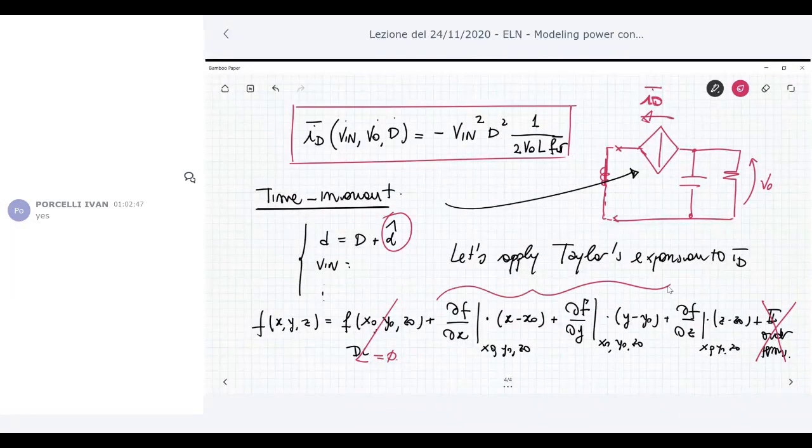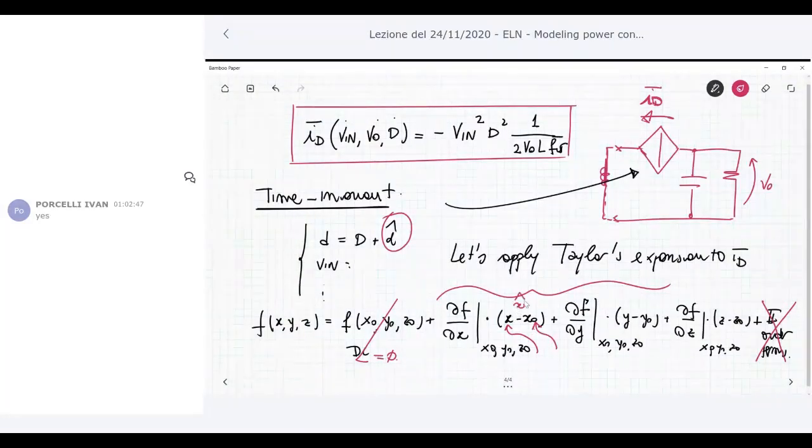Of course, when you have x minus x0, it means that I have the variable x, which includes DC and AC terms, and from this total variable I have to subtract the DC operating point. So here you have just the small signal quantity.